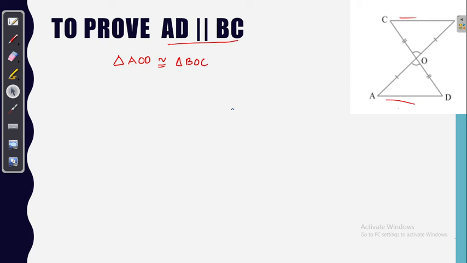Angle BCO and angle ADO are alternate interior angles, ma'am. Okay, this angle and this angle, yes, they are alternate interior angles. They are equal, no, ma'am? Yes, they are equal. Why are they equal?